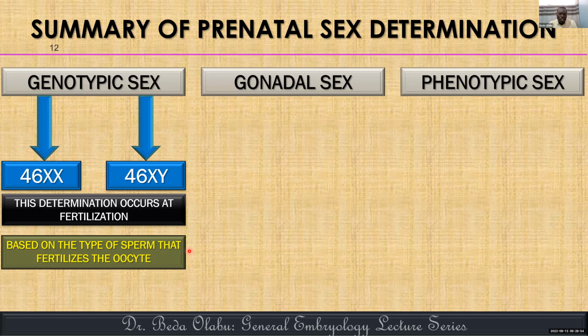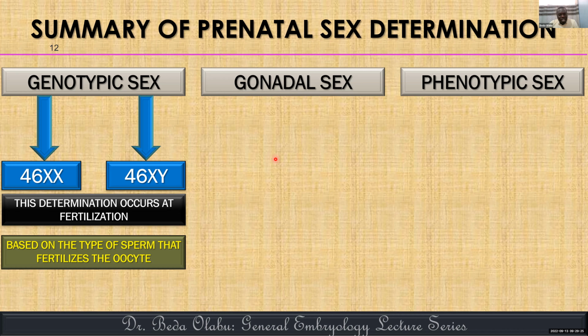So if the oocyte is fertilized by an X sperm, the zygote will be 46XX, genetically female. If the oocyte is fertilized by a Y sperm, the zygote will be 46XY, genetically male. Genotypic sex, which is also called chromosomal sex, is therefore determined at fertilization.